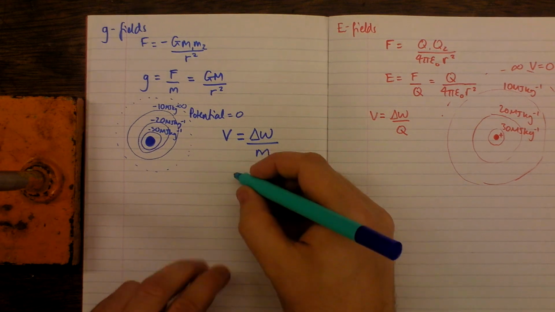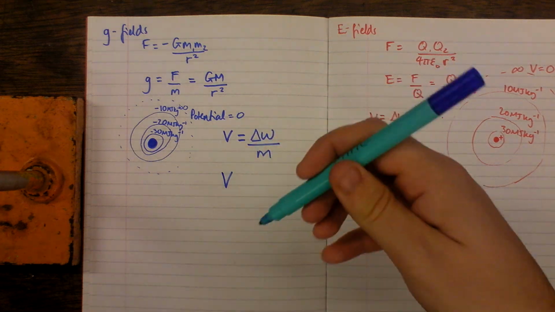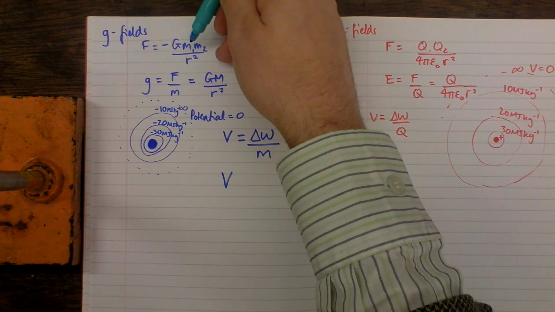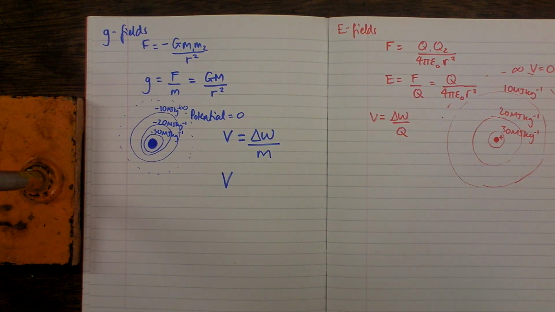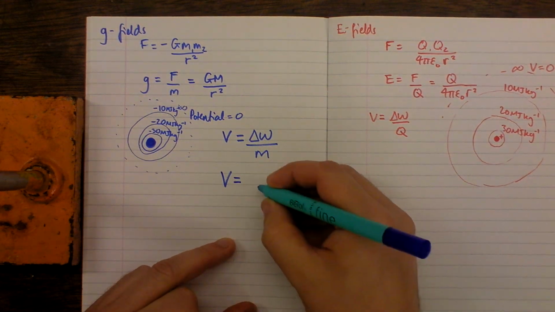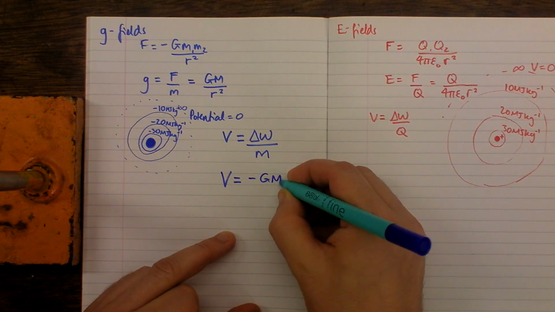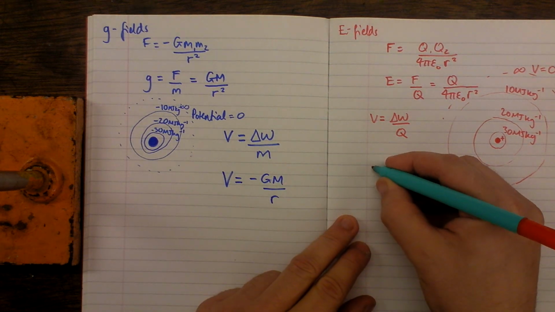And we can also substitute this equation and do some fiddling around with this force equation, using the idea that work done is force times distance. Again, it would take a little bit of calculus to derive entirely, but what we end up with is an expression for potential in these forms.